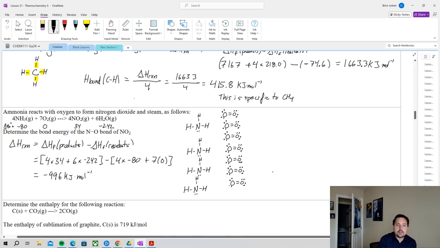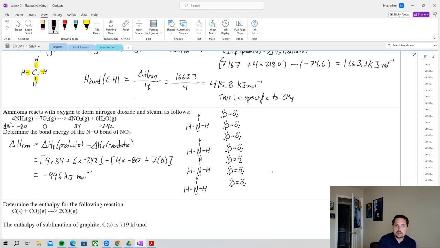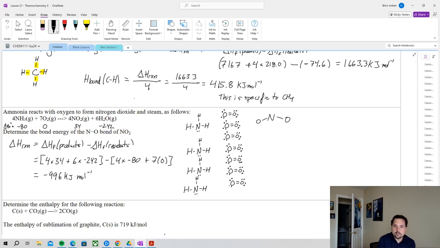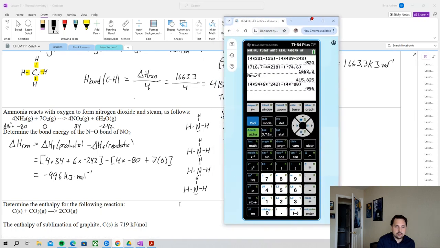Okay. And then on the right side, we have NO2. Now, NO2, let's see if we can draw this one correctly. Well, overall there are, let's see, 12 plus 5, or 17 valence electrons.